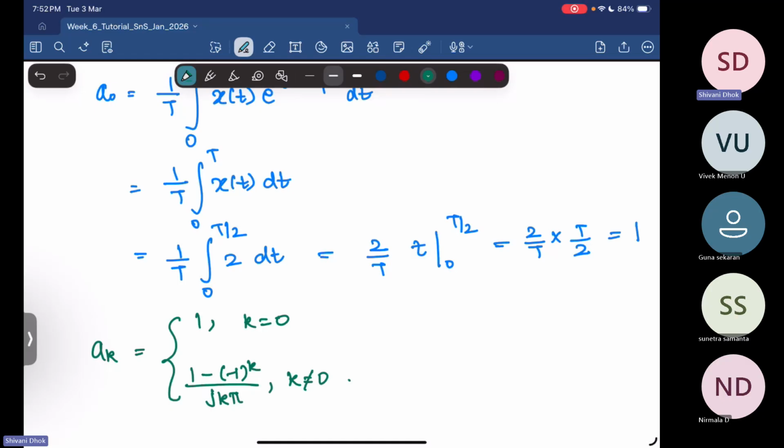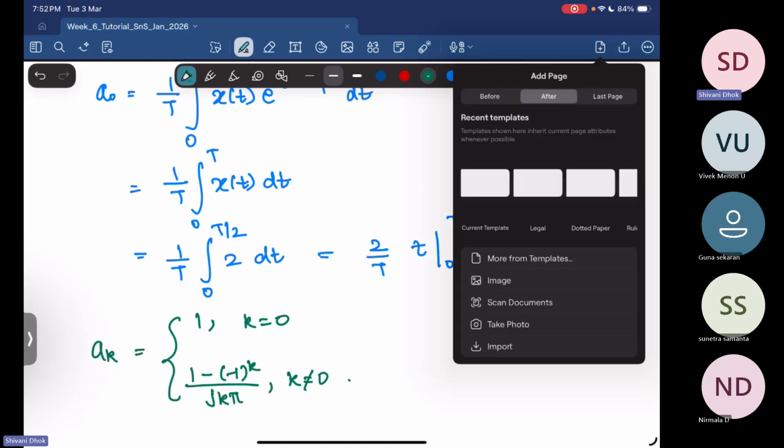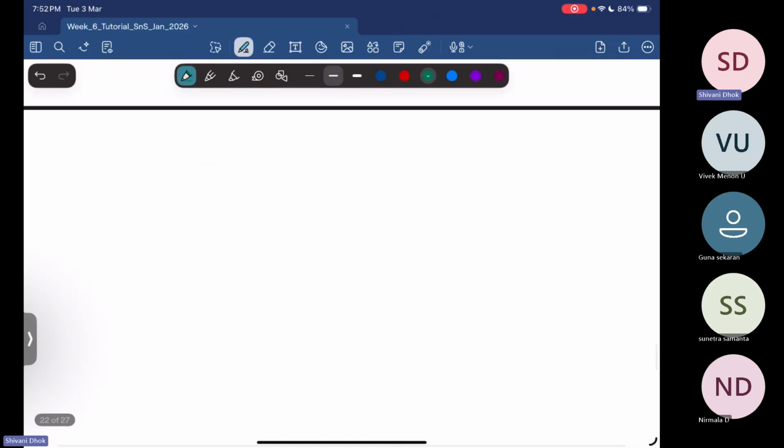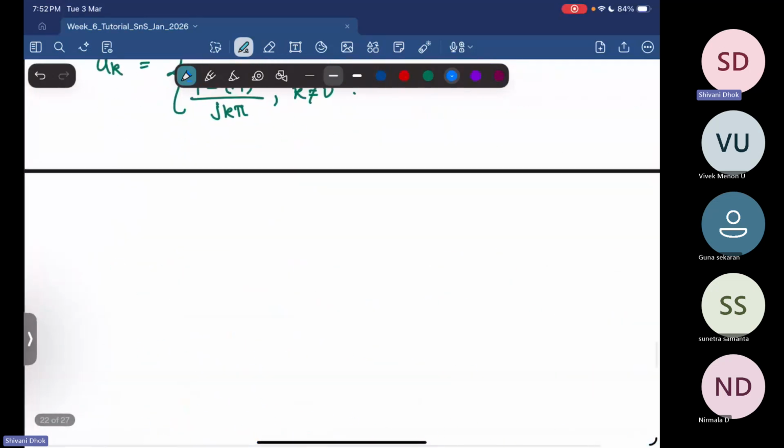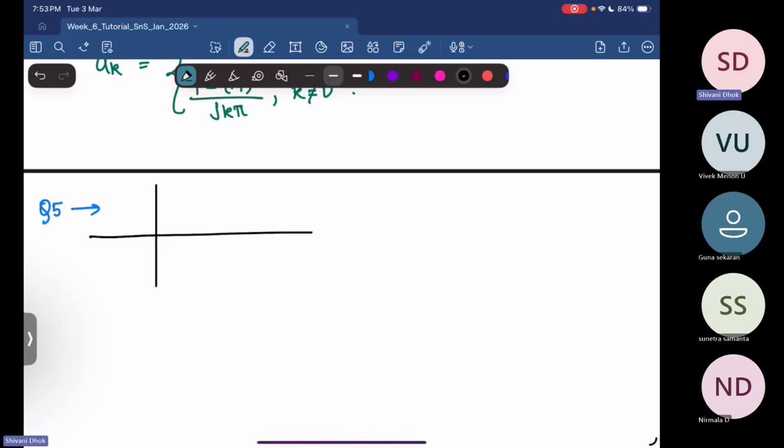Okay. If till this point it is clear, I want you to look at something interesting that is happening here. So this was question number 6. In question number 5, you had a signal which looked something like this. So on.